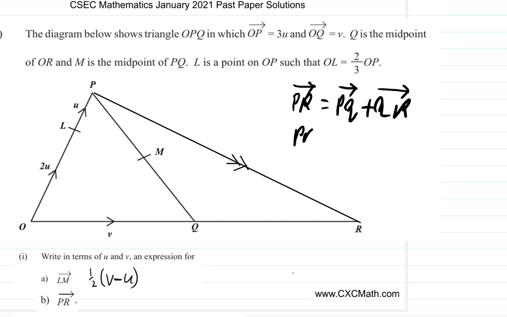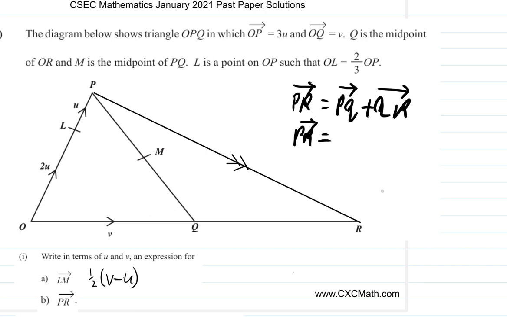So PR equals PQ. What was PQ again? I erased the previous work. I should have made the work remain, because I'm going to have to use PQ again.